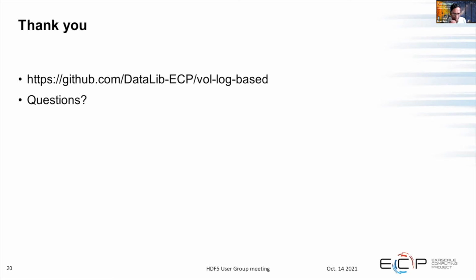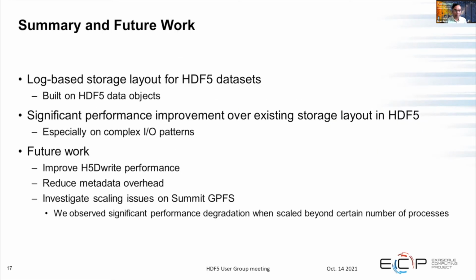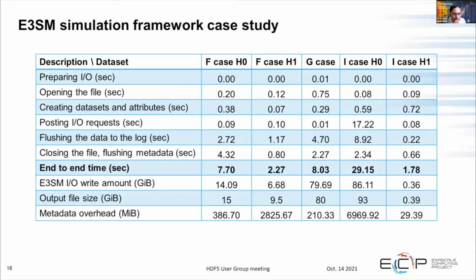One question I have is related to the time that is being spent in the I case. If you go back to that slide, what is the difference between G case or F case and I case? I mean, how much difference is there in terms of the number of I/O calls required?